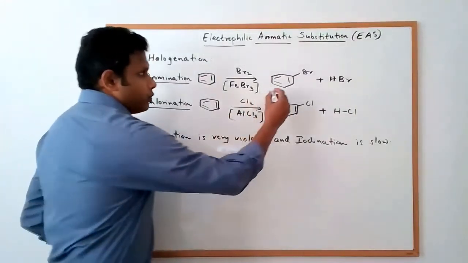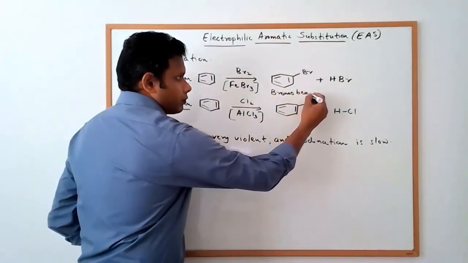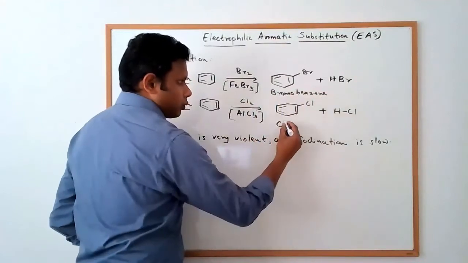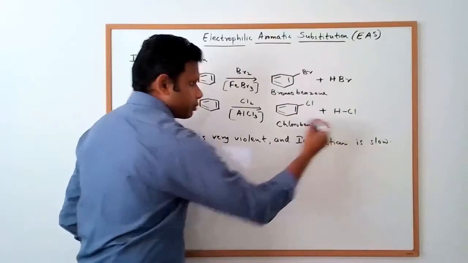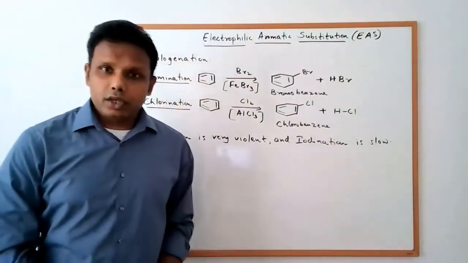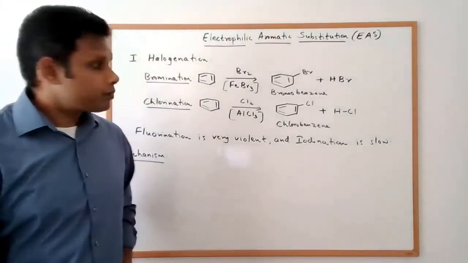So notice we are making bromobenzene and chlorobenzene as our products here, along with HBr and HCl, which are our side products.